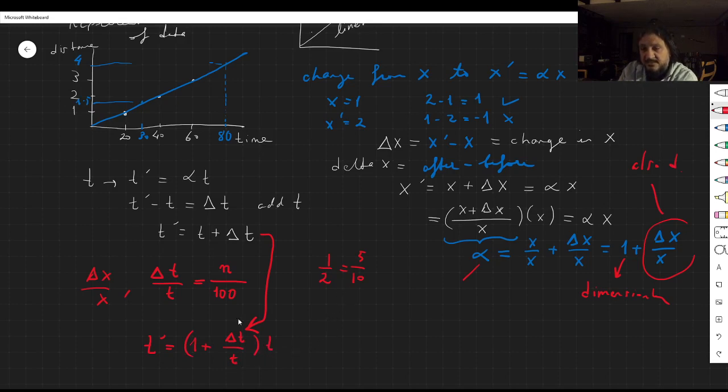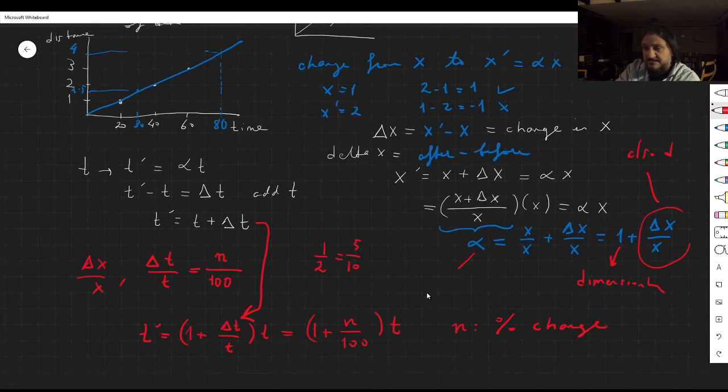But now delta t over t is nothing but n over 100, times t. So this n here is called percent change. Percent change. All right.